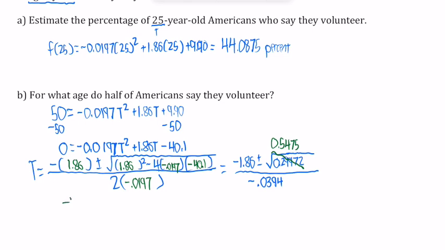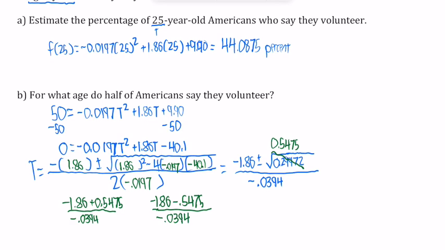So I calculate negative 1.86 plus 0.5475 divided by negative 0.0394, and we'll need to calculate the same thing with a minus in the middle of the top. Negative 1.86 minus 0.5475 over negative 0.0394.